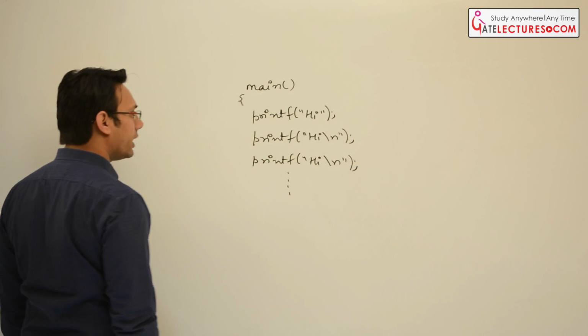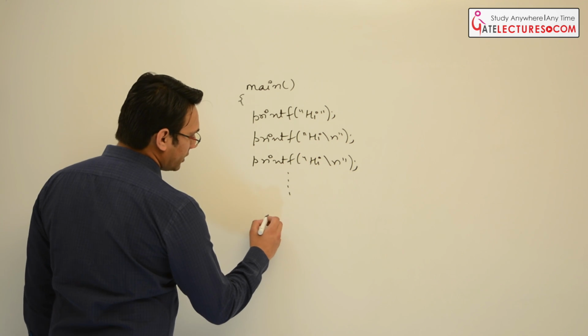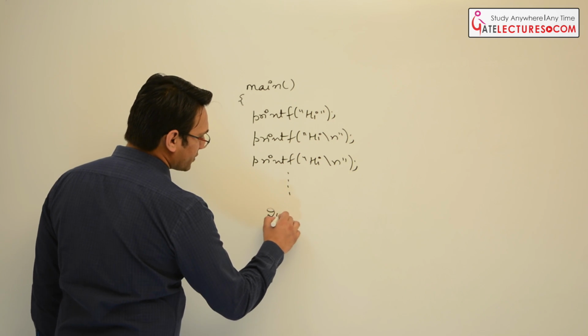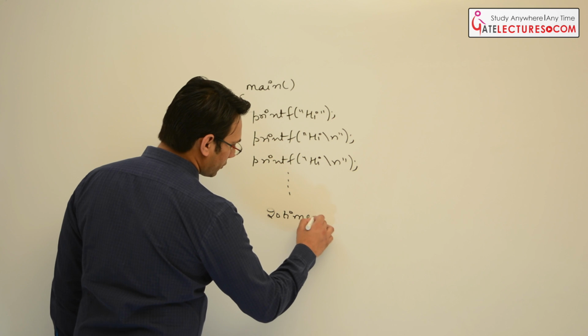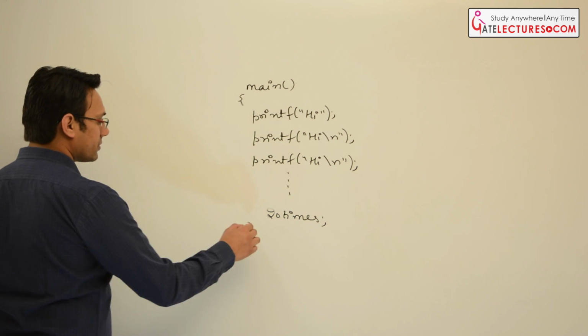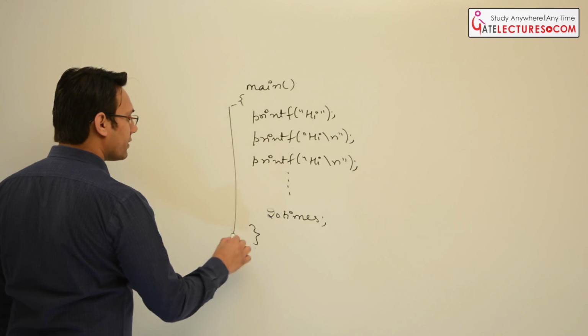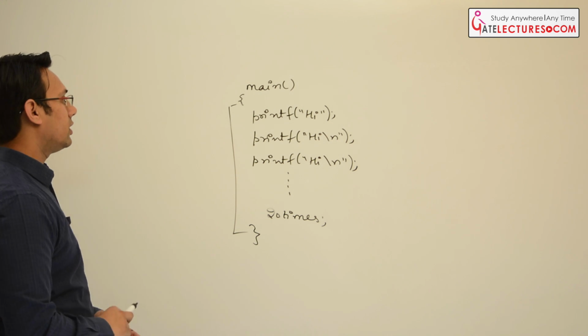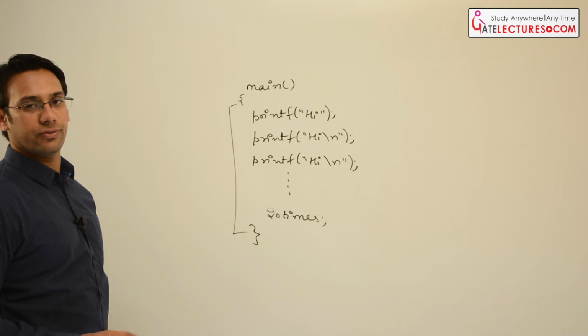You are writing the same instruction up to, let us suppose, 20 times. You are printing hi 20 times. So this is the first program. Apart from this main function, we have 20 lines of code.